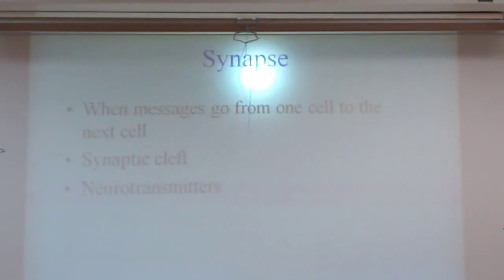That's the nucleus. This is the axon, and don't forget, there's only one axon per neuron.